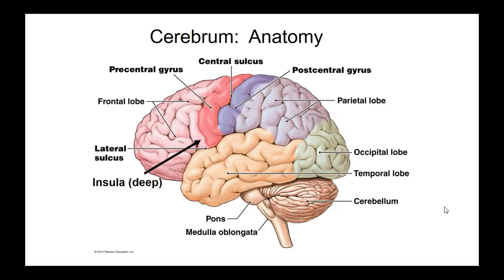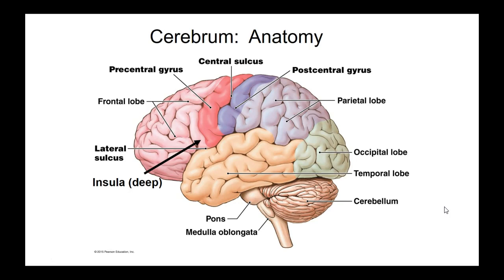So, digging a little bit deeper, now that you're familiar with the terms sulcus, sulci, fissures, and gyri, we can use some of these as landmarks for where one lobe ends and another begins. If we take a look at the brain, the frontal lobe ends at what we call the central sulcus.